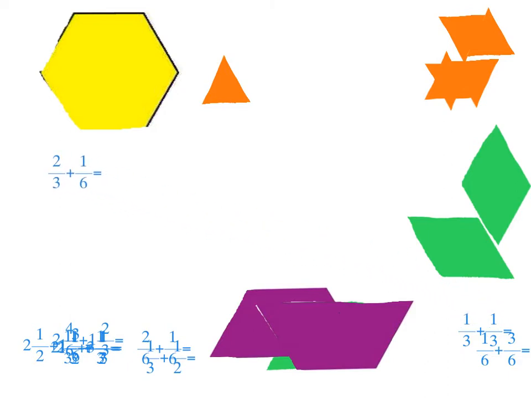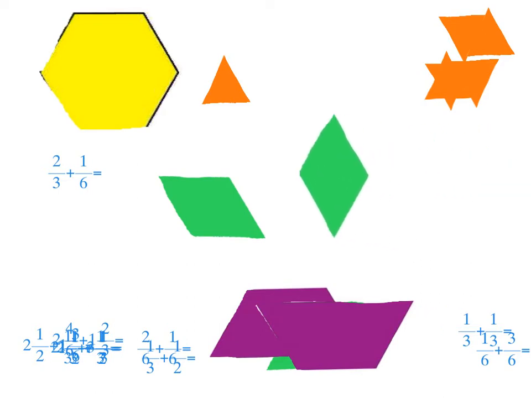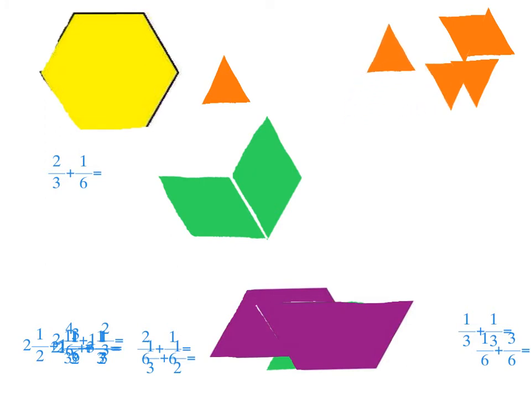Let's take a look at this one. If I have 2/3 plus 1/6, so basically I'm looking at 2 of these and 1 triangle. See if I can get an upside down one here. And if that were bigger, we could see that I would need 1 more triangle to make a whole hexagon in that instance.